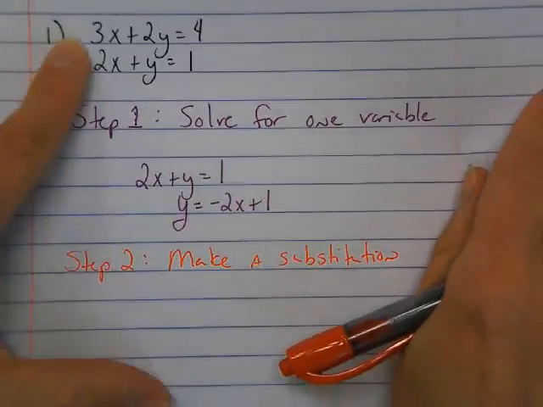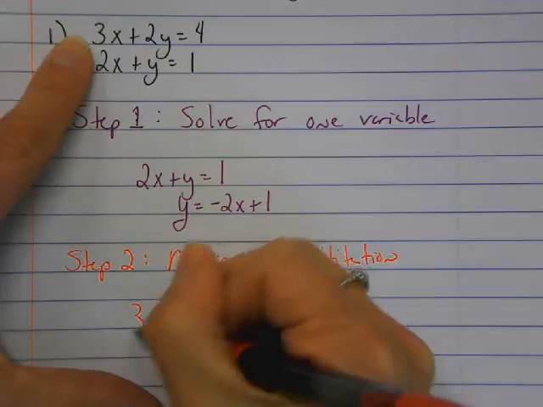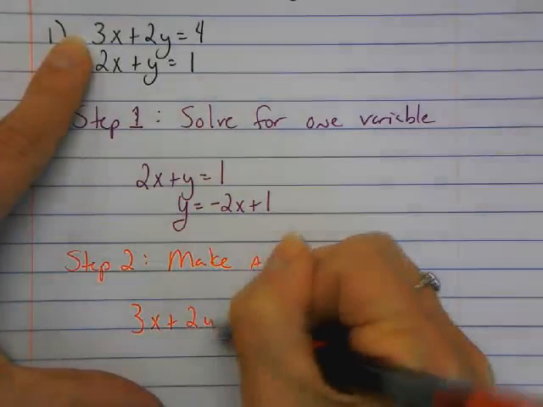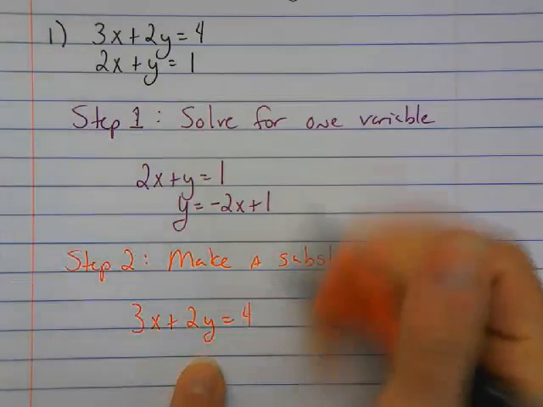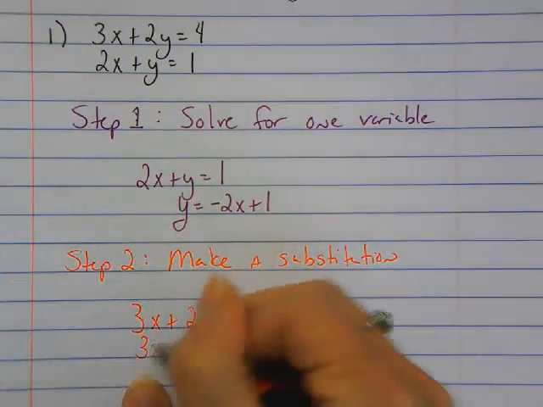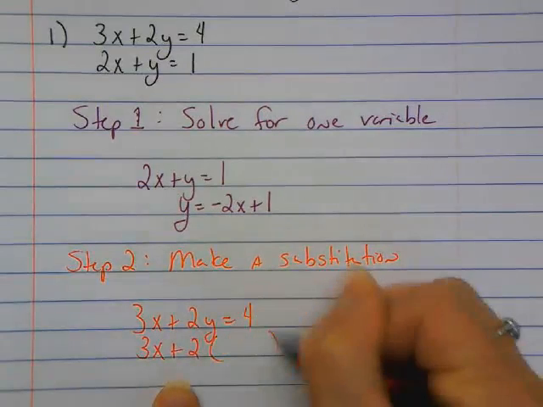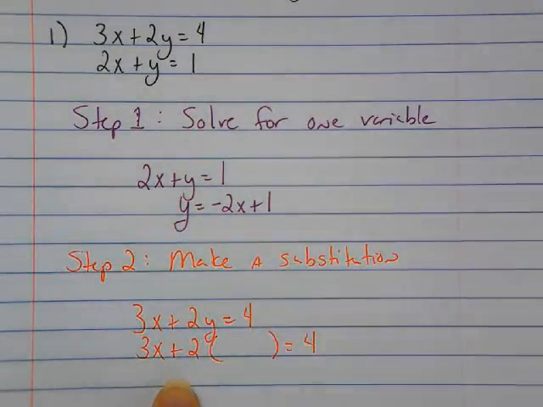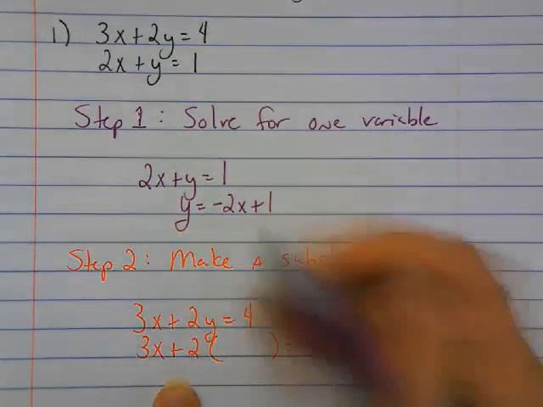So, since we solved the second equation for y, we're going to go back to this first equation, and we're going to make a substitution. So now we know that y, instead of calling him y, I can take out that, and I can call him negative 2x plus 1.